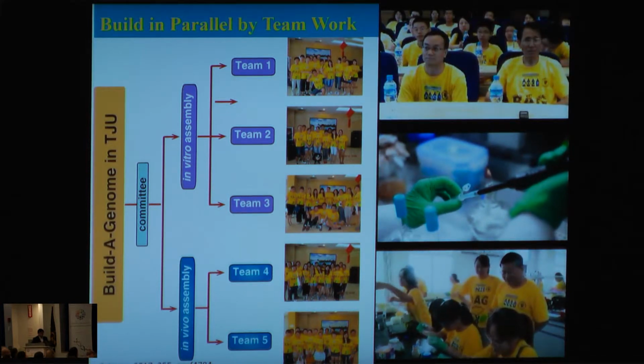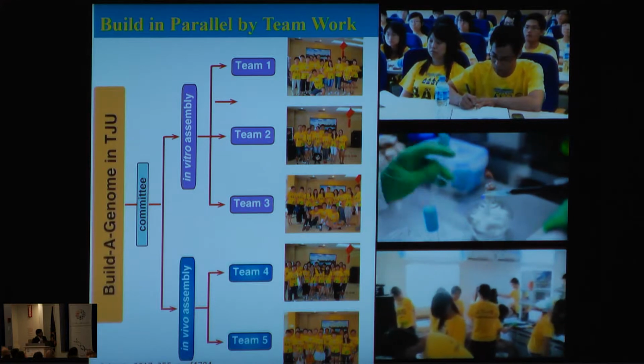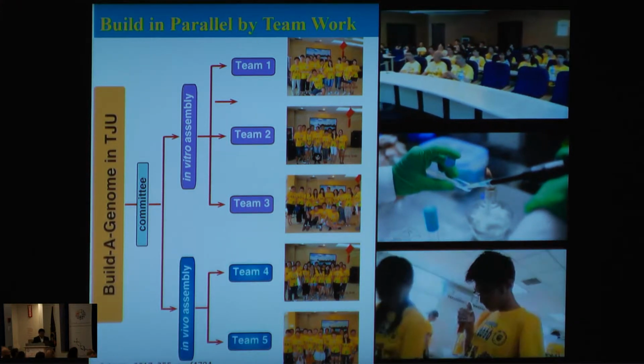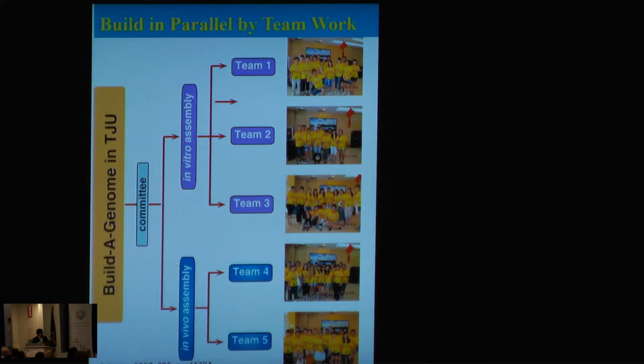In the experiment, we form different teams. Each day, inside the team they have a lot of discussion, and over a week, different teams work together, and through brainstorming and teamwork, they have improved their techniques a lot.